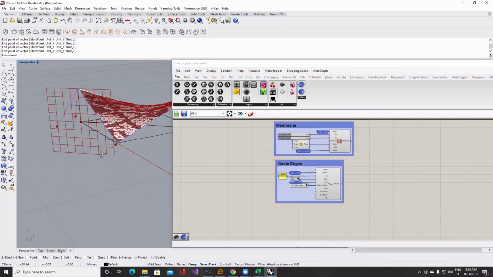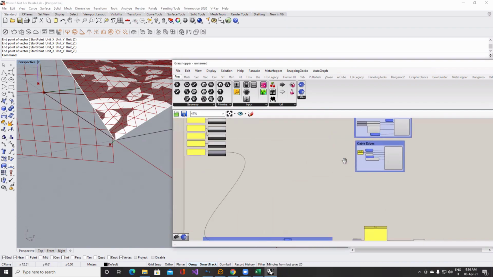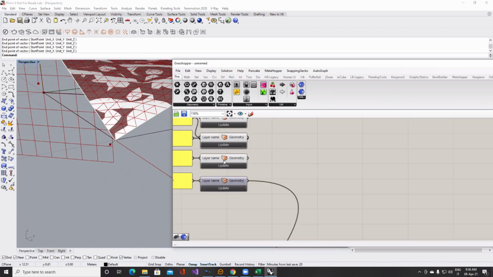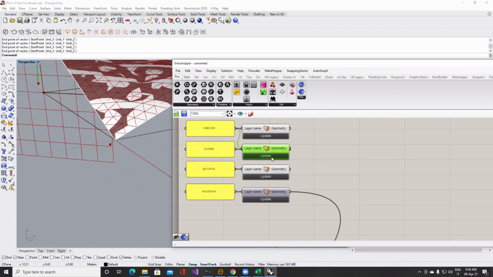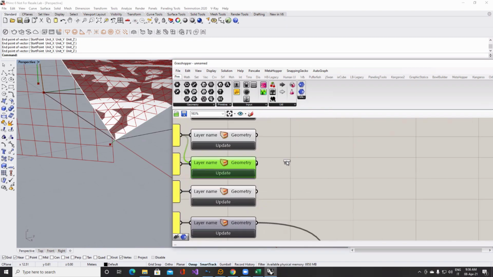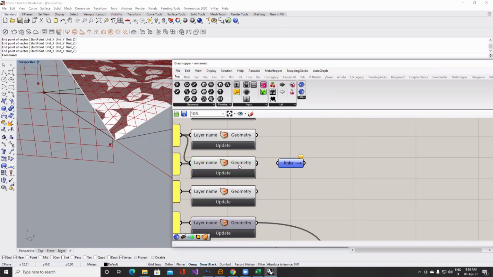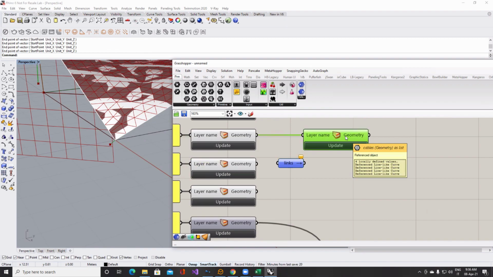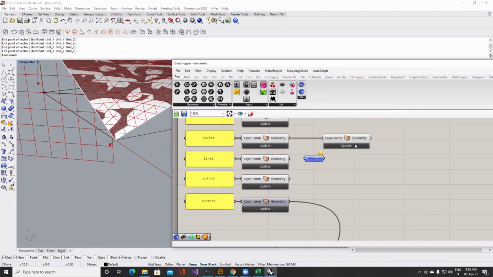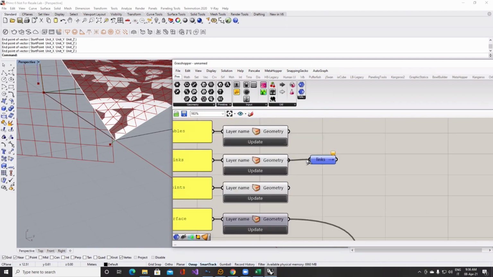What is missing? We need to input the links. The links is quite simple. It's this one here. So we can reference the geometry and call it links. Yes, there's a mistake, a copy-paste mistake from earlier. You can see. The links, here we are.